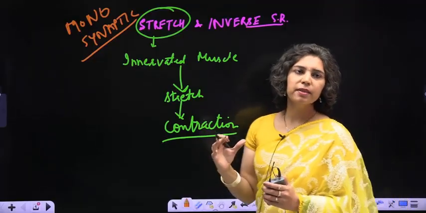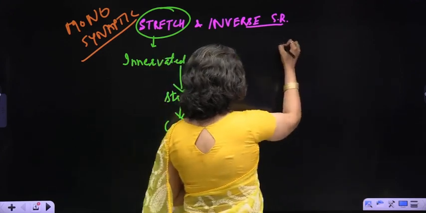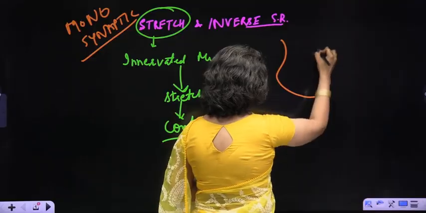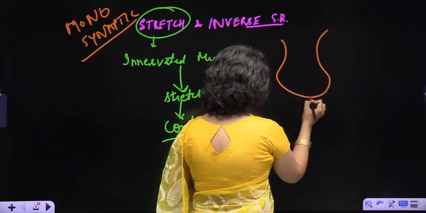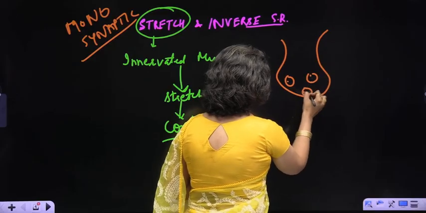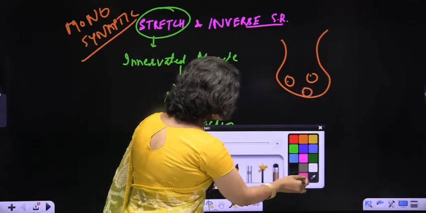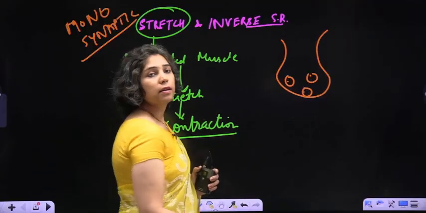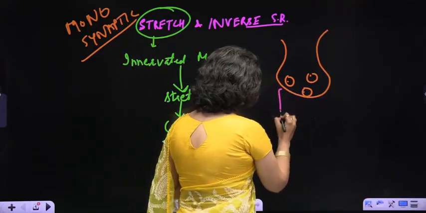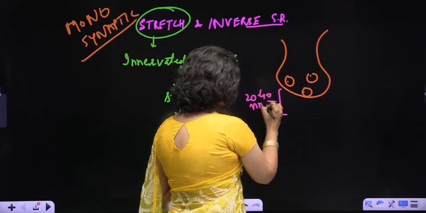A synapse basically consists of three things. First is the presynaptic terminal, which contains some vesicles. After the presynaptic terminal, there is a small cleft called the synaptic cleft.